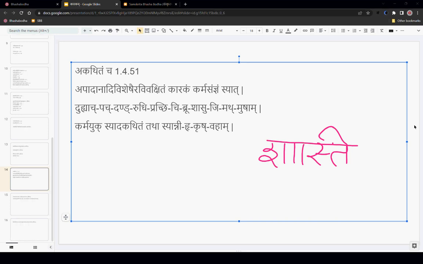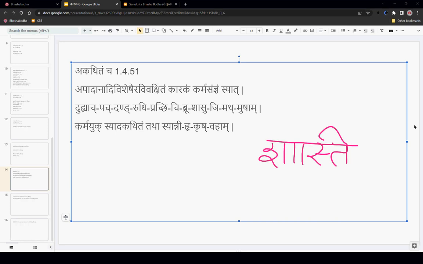So one who is getting the benefit is sampradana karaka. So udaharanam, again, shikshakah chhatrebhyah, you can take anything like dharmam shasti or mahabharatam shasti, dhanurvidyam shasti, example. So shikshakah chhatrebhyah dhanurvidyam shasti. द्रोणाचार्यः कौरवेभ्यः धनुर्विद्यां शास्ति.